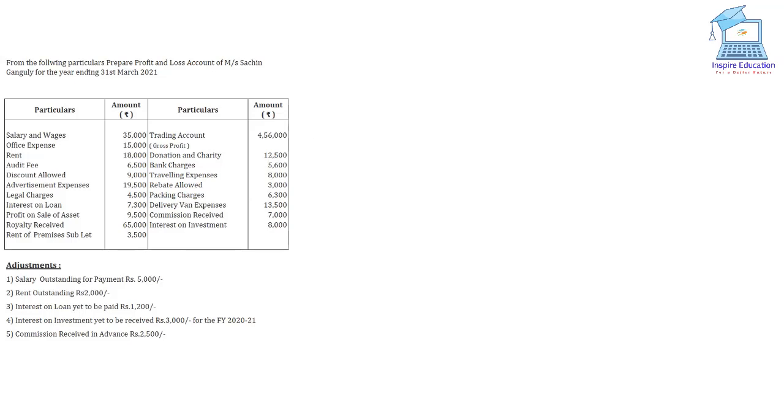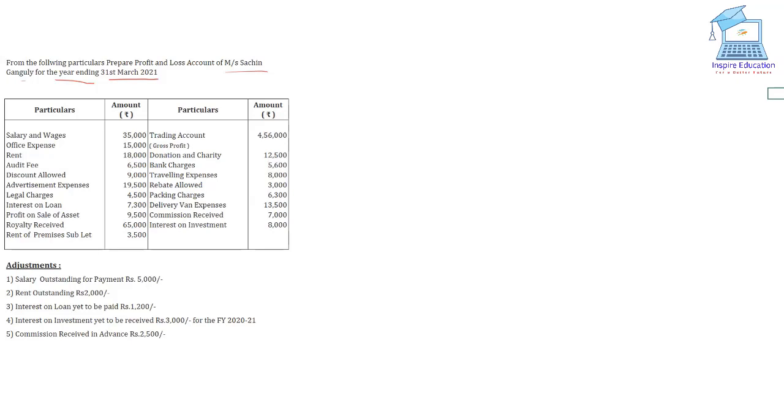So as you can see in the question, or in fact in your exam question also, it will be asked like this: from the following particulars, prepare profit and loss account of Messrs, the company name or the firm name, for the year ending 31st March 2021 or any period.